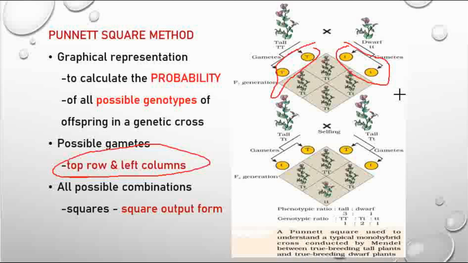All the possible combinations of genotypes that we will get, that is where you are going to write in these boxes of the square. It is a square output form. So this is where we write the output, in these square boxes.